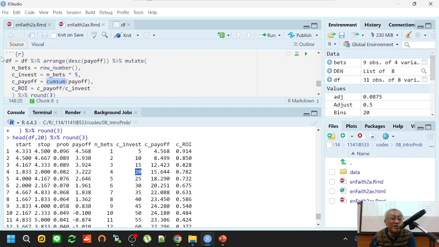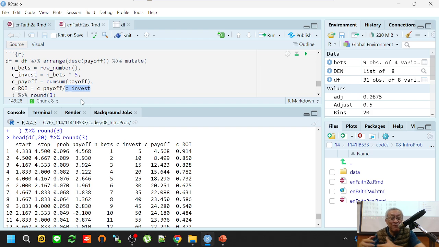The cumulative cost is the number of bets, and the cumulative payoff is the cumulative net expected payoff. And then I can see the cumulative ROI, which is the payoff over investment, which means per dollar of investment, how much payoff can I expect.